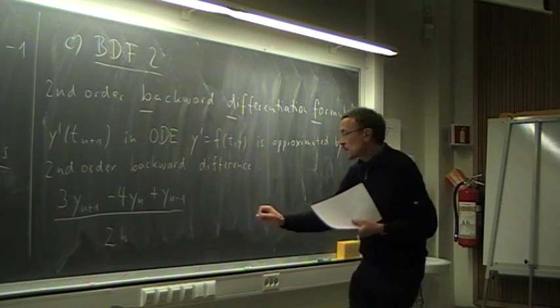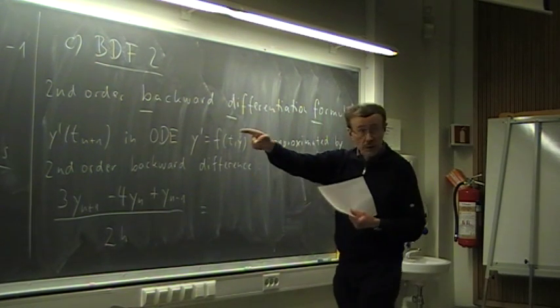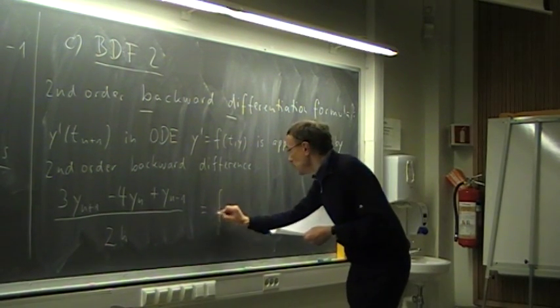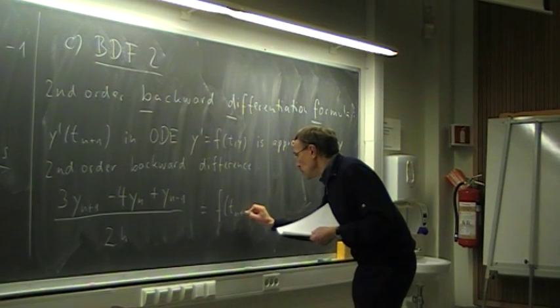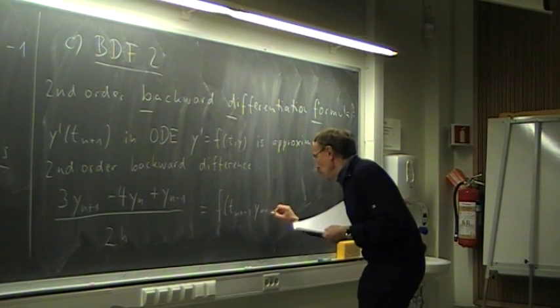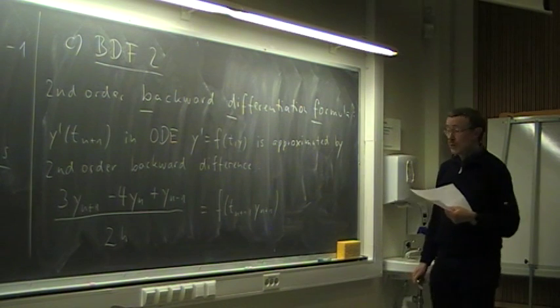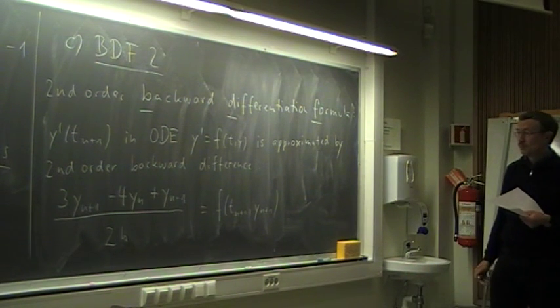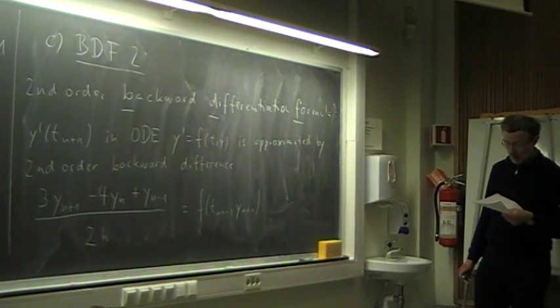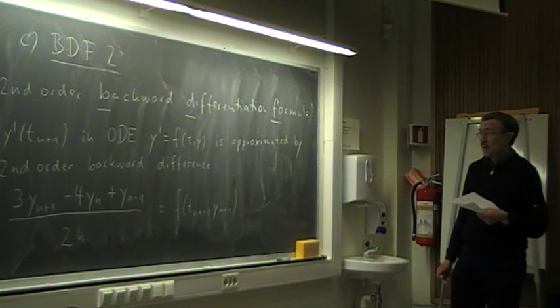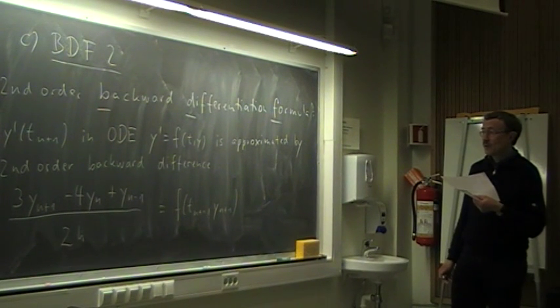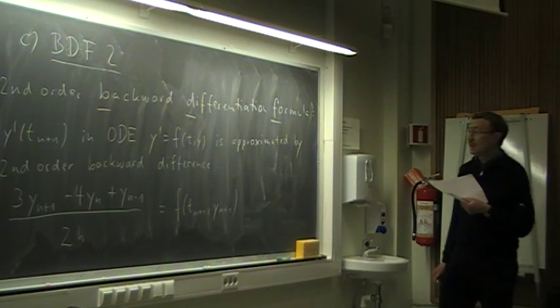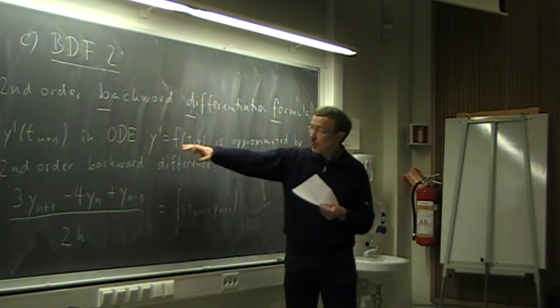And then the right hand side we take then also at this time level. That is important. It's taken at the new time level with a new approximation yn plus 1 that we don't yet know. So that is the second order backward difference formula applied to solve the ODE.